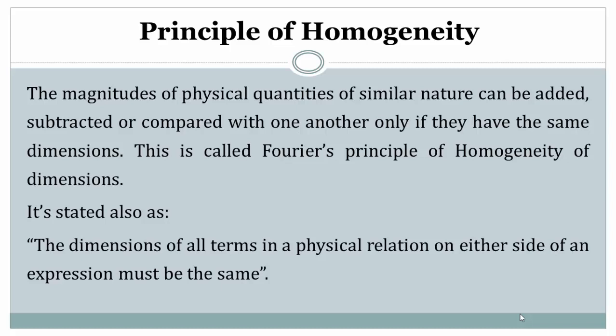For example, if we are considering an equation, then the dimensions on LHS and RHS must be the same, which means the magnitudes of physical quantities of similar nature can be added, subtracted or compared with one another. This is called Fourier's principle of homogeneity.